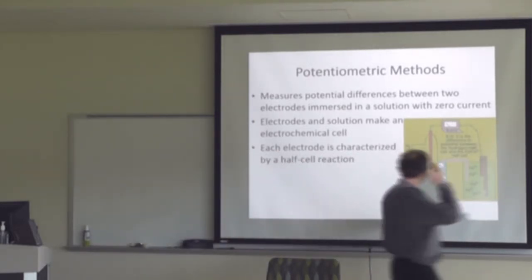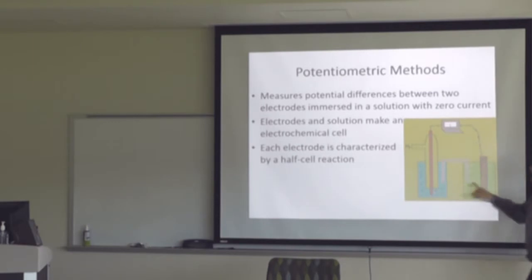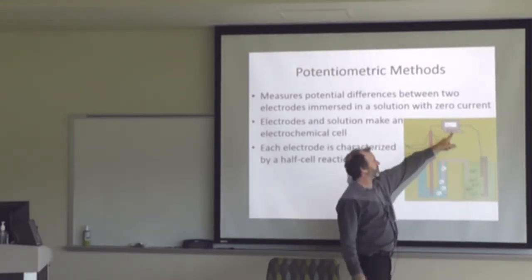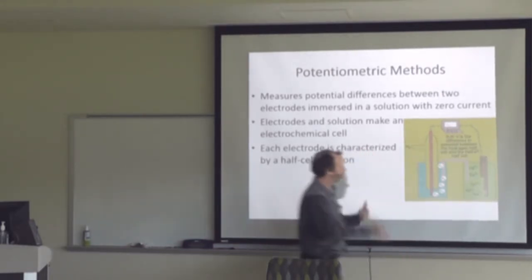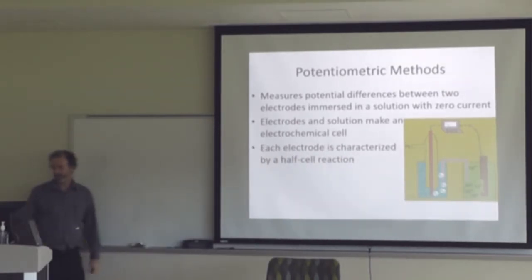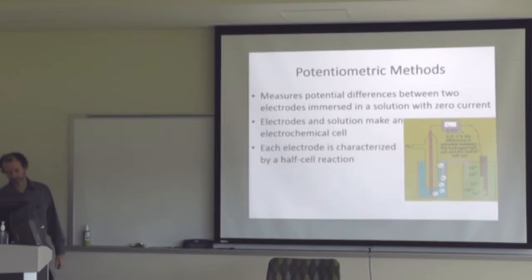In this case, we have a hydrogen half cell and an iron half cell. If we don't allow the current, we'll be able to measure 0.41 volts as the difference between those two half cell reactions. So it's going to want to flow from the iron to the hydrogen.